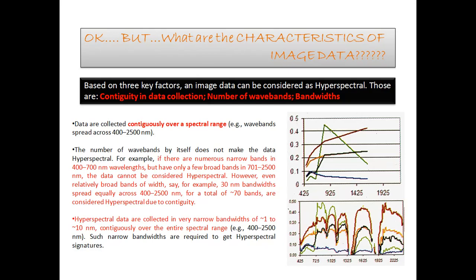If it has to be a hyperspectral image, then within the entire spectral range, each and every bandwidth should be equally divided or equally spread out. Then we can say that kind of image is hyperspectral. If there are 70 bands, then each of these 70 bands should be of equal wavelength. So that will be the hyperspectral.